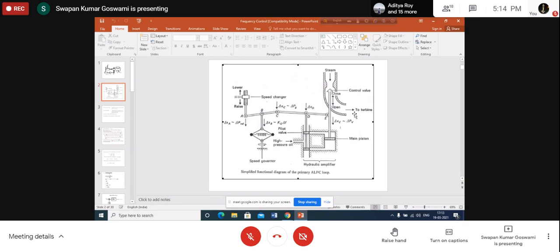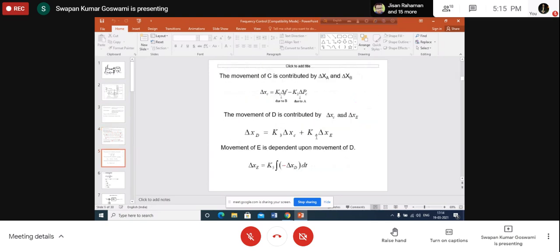But you see that for the positive movement of E, that means for the downward movement of E, an upward movement of D is needed. So an upward movement, the negative movement of D, creates a positive movement of E. That's why we are writing this expression. So delta XE is created by negative movement of D, that means delta XD.